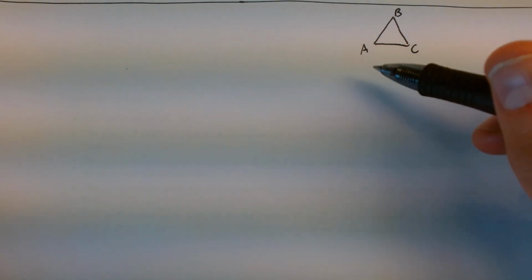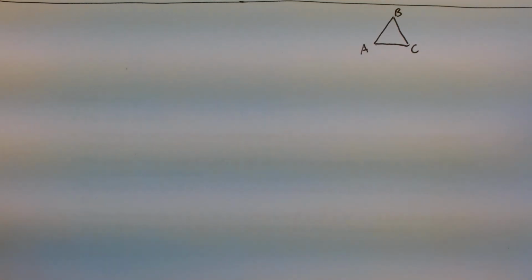So first let's think about how many different things we should get. Notice the positions of A, B, and C, we count as being different.